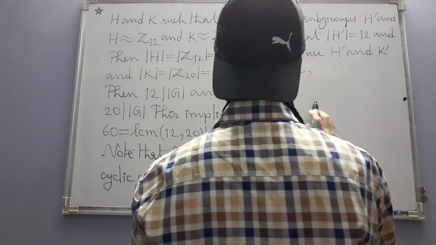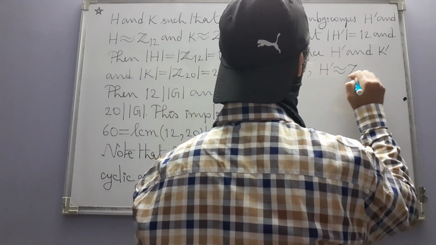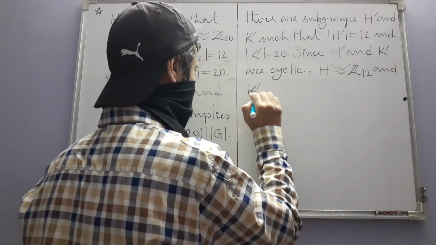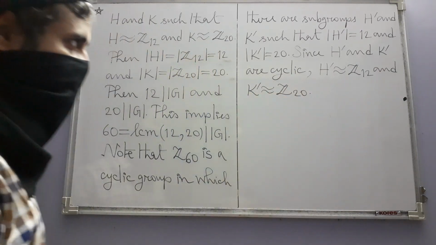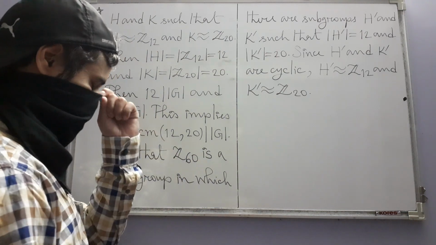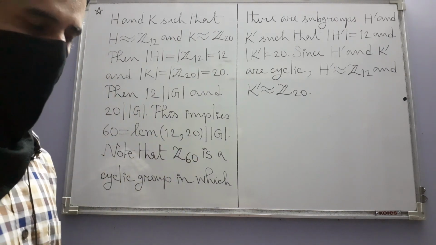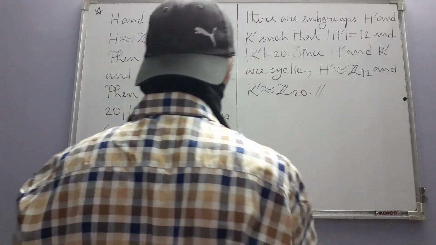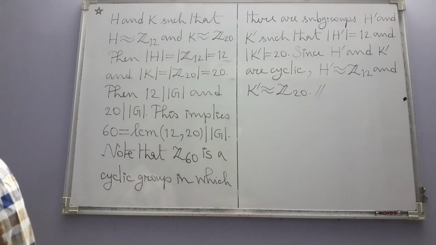So that's why H prime will be isomorphic to Z12 and K prime will be isomorphic to Z20. So that means Z60 qualifies to be such an example, and from this previous part we know that it's the smallest such. So this is the solution. Z60 is our smallest cyclic group satisfying these conditions.